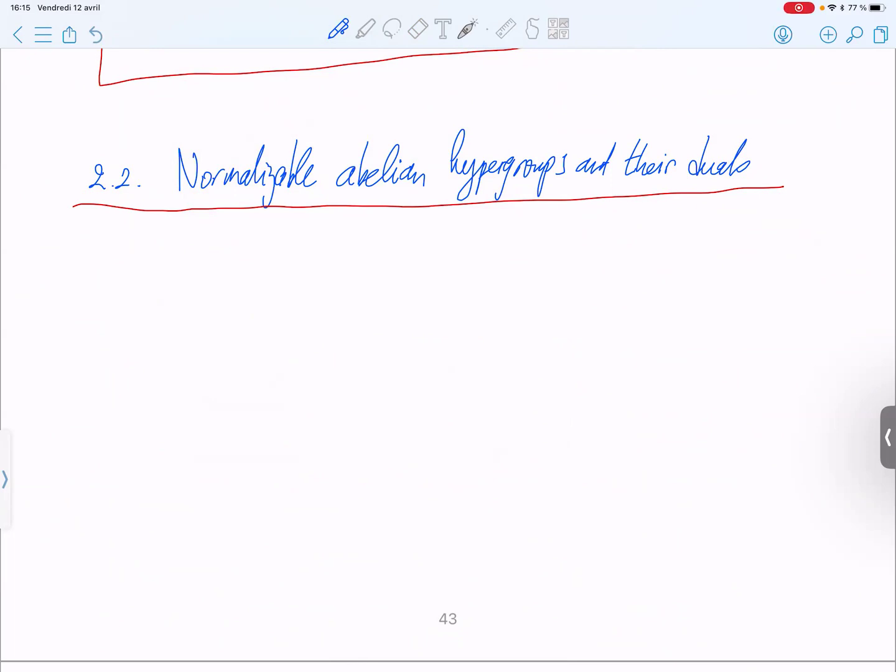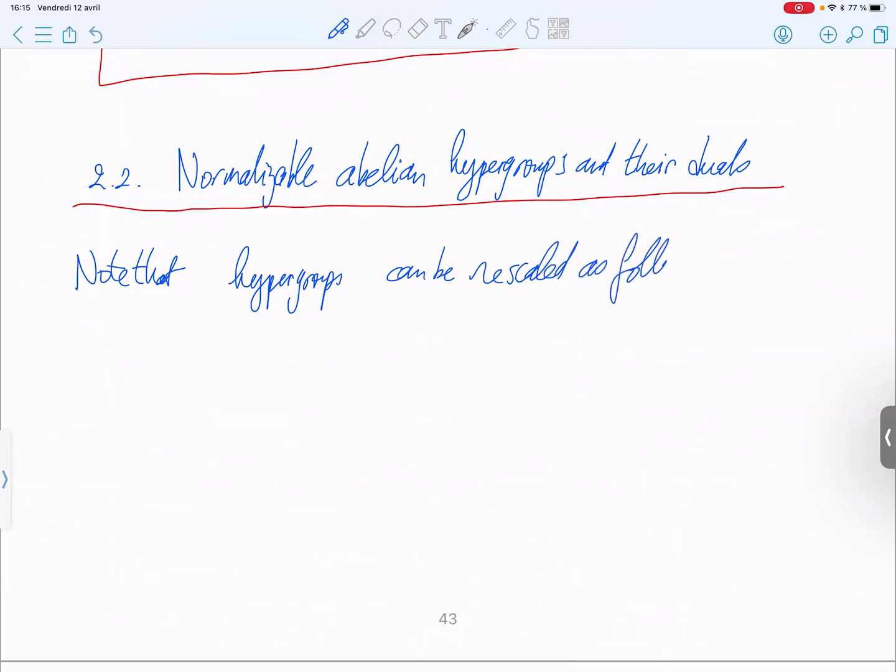So, normalizable, note that a hypergroup can be rescaled as follows.